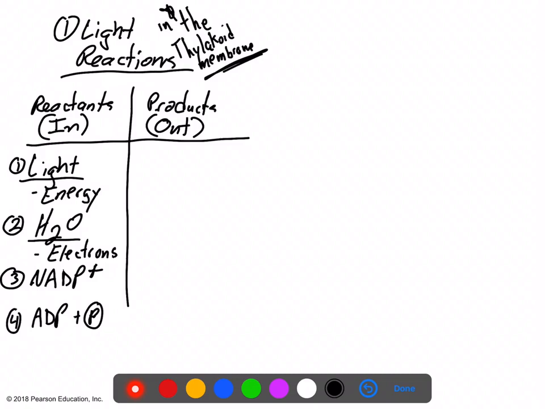Okay, so what happens when you provide light and water to a plant? That water is going to become 1/2 of O2 plus some acid ions. You remember H plus is acid, right? So the light reactions produce acid, and that acid is very important, as you will see later.